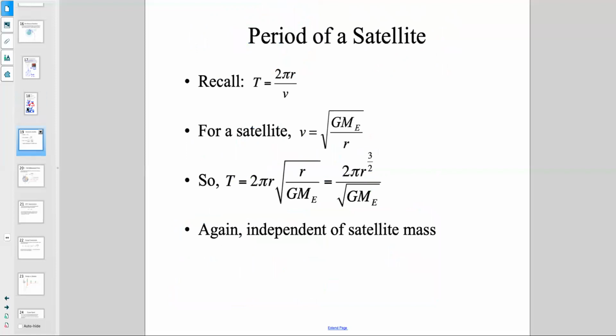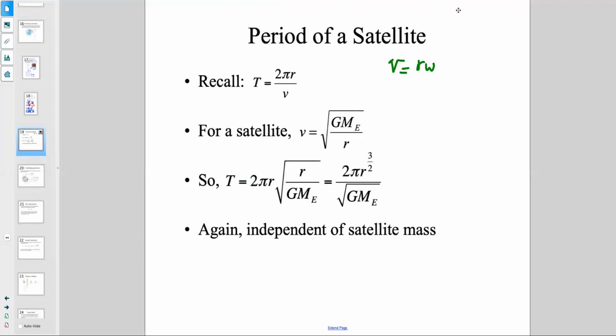All right, so the period of the satellite. Recall that T, the period, is 2 pi r over v. Or, if you remember, v is r omega. The linear velocity is r, the radius, times the angular velocity.